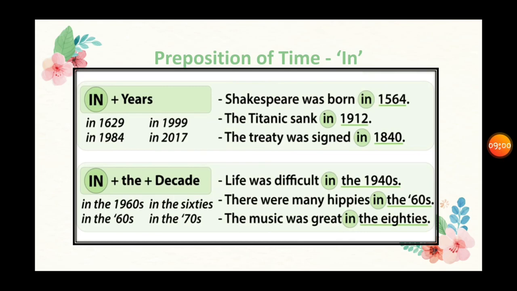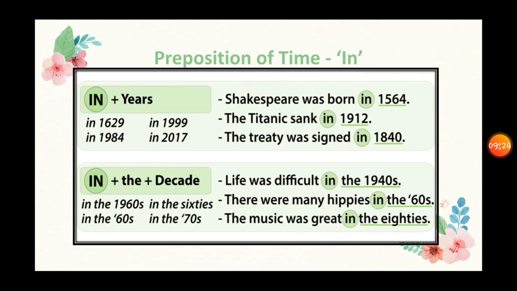Or any kind of decade. If it is talking about a period of time, we also use "in". You can see here the structure: in plus the plus decade. It means after "in" you have to use the article "the". So let's go for the examples. You will get clear about it.